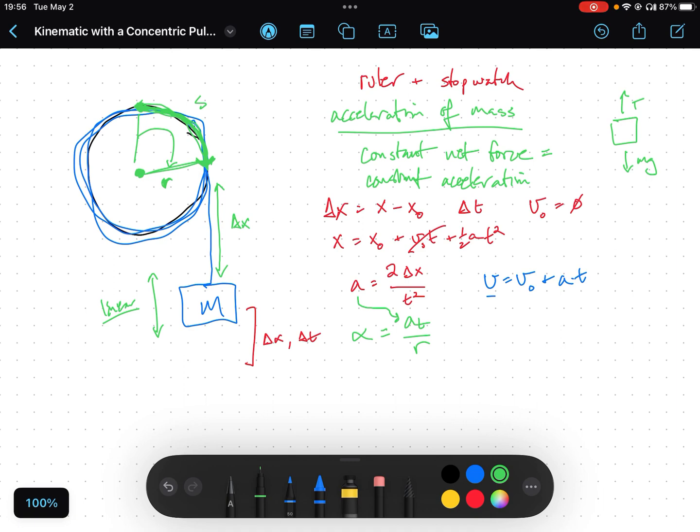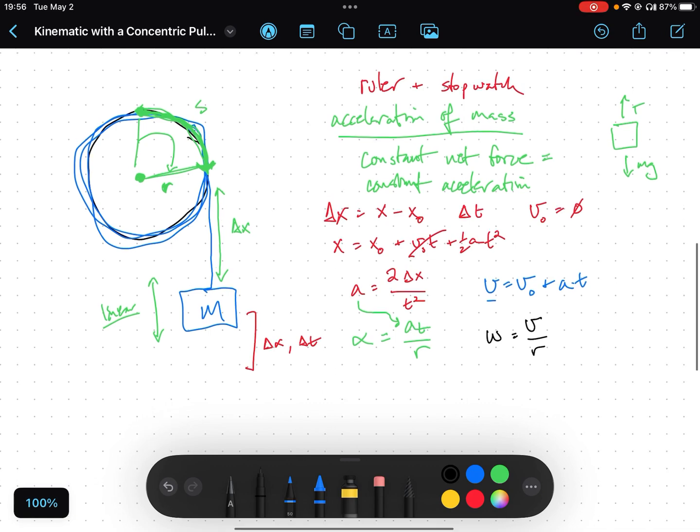The linear acceleration of the mass is the same as the curved tangential acceleration of a point on the edge of the pulley. And then the angular velocity of our rotating concentric pulley is going to be equal to the linear velocity of the mass divided by r. And this is the final linear velocity of the mass, so this would be the final angular velocity of the rotating pulley.